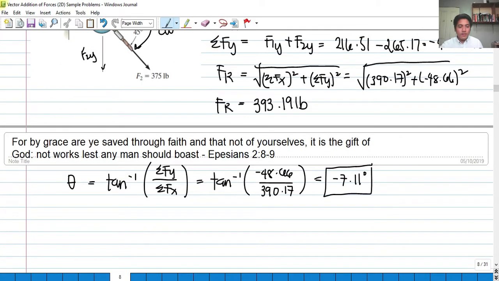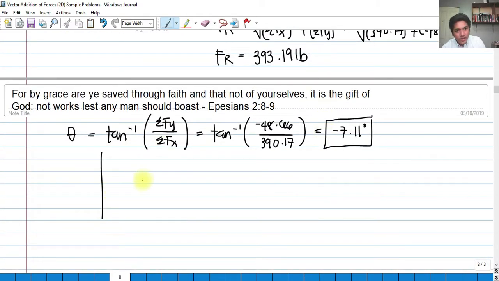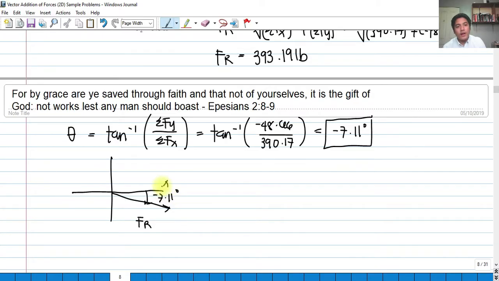But negative 7.11 degrees suggests that, if we have the x and y axis here, then the direction of our, let me draw this exaggeratedly, this is our FR, negative 7.11 degrees, measured clockwise from the positive x-axis.